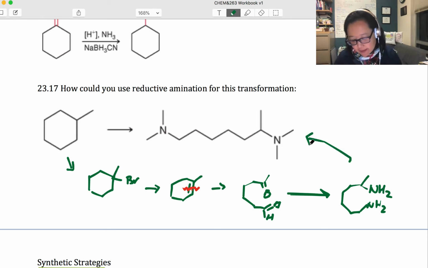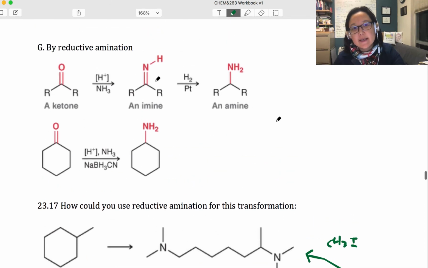So the problem here is if I do CH3I in excess, I'm actually not going to be able to stop it at just 2 methyl groups on the N. The N will keep going and make a quaternary salt. Remember, it'll just keep attacking the methyl groups. So I'm going to have to think of another way to do that. That is, up here, I could have the amine, instead of being NH2, have methyl groups already on there.